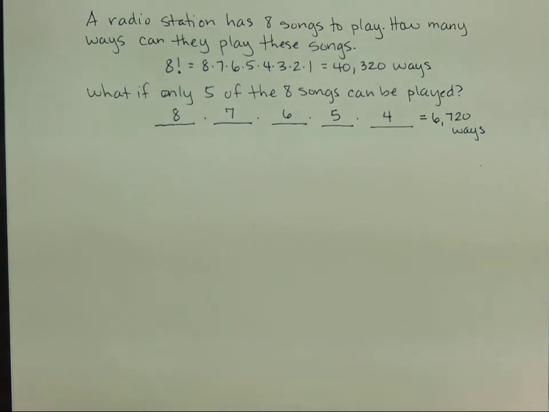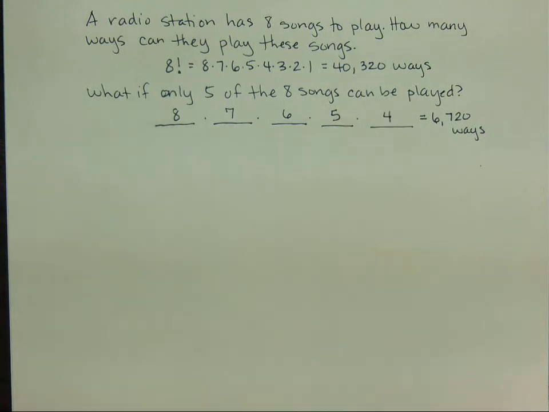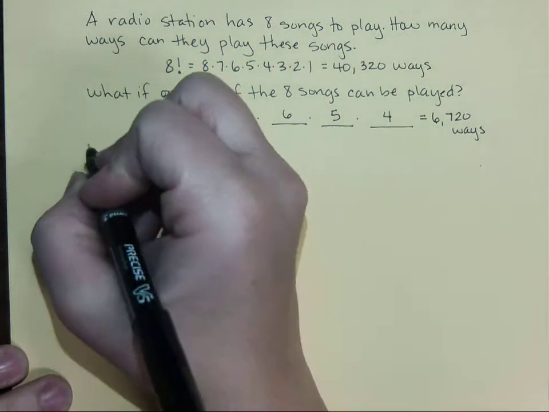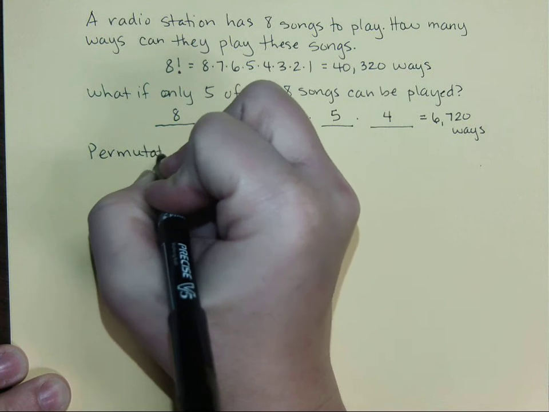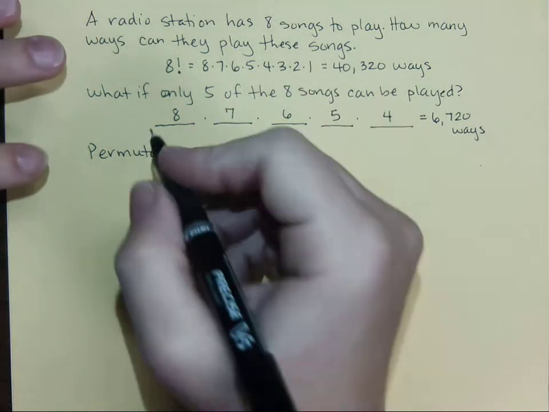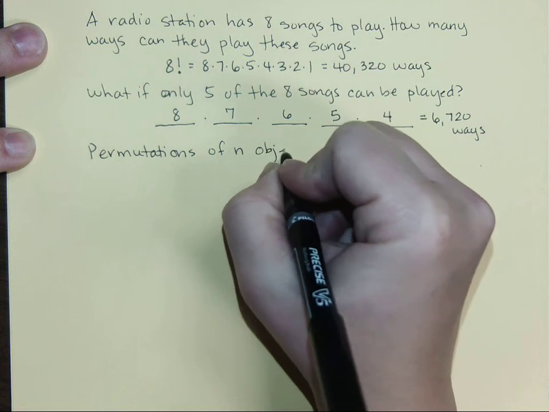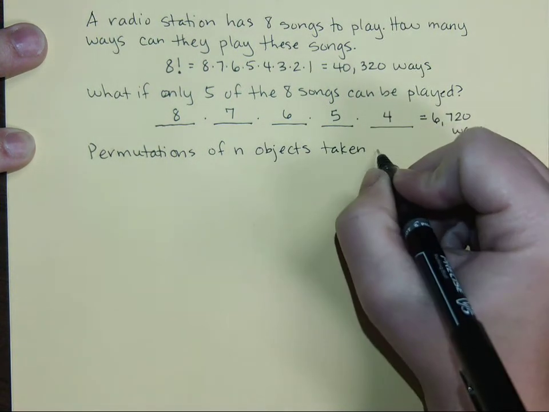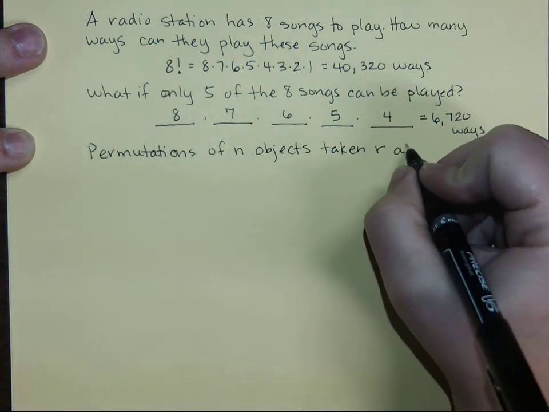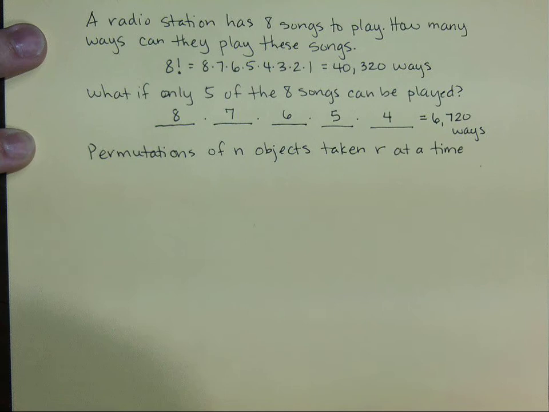And so the way that you're going to be able to use this information, we have another little formula. What this is when you're taking permutations of some number of objects taken, we call r, at a time. All right, so that's what this is leading us into.